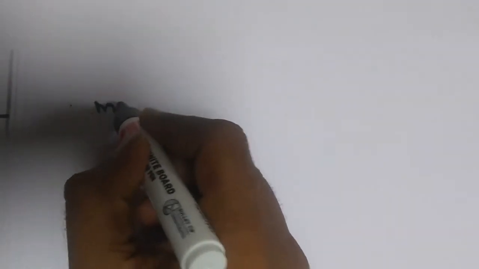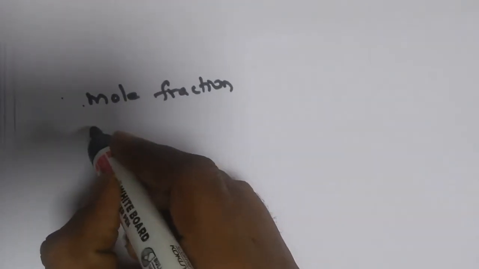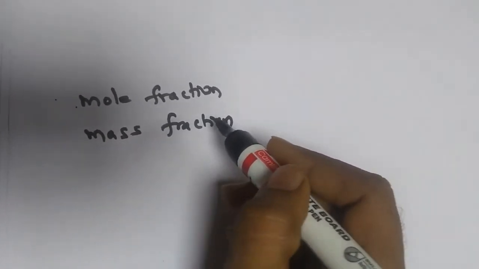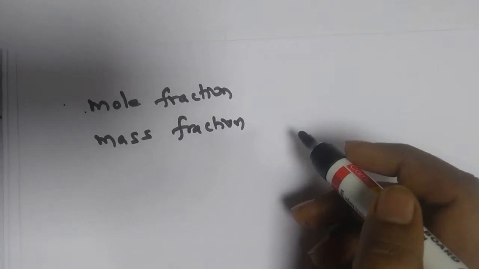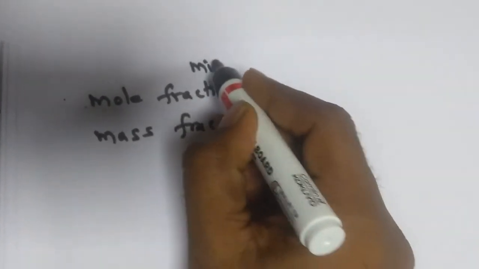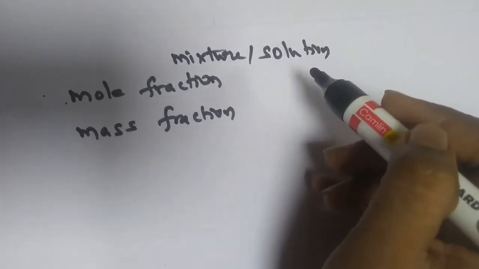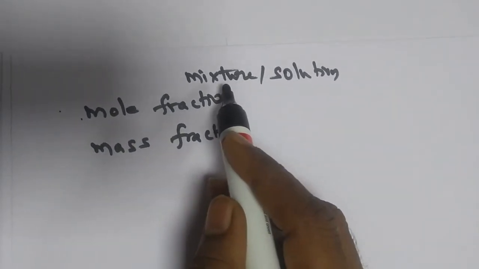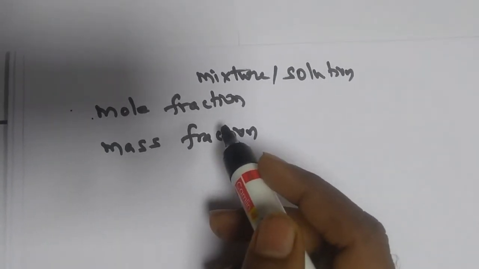Okay, in the last class I told you that mole fraction and mass fraction are important to determine the molecular weight, the average molecular weight, and hence the density of the mixture. So mainly for gaseous mixtures or liquid solutions, the composition needs to be known to determine the average molecular weight.